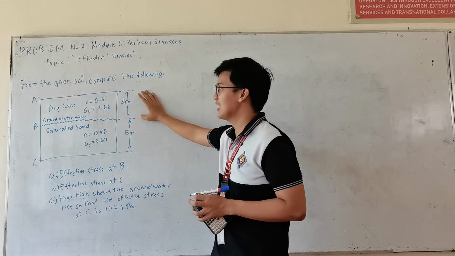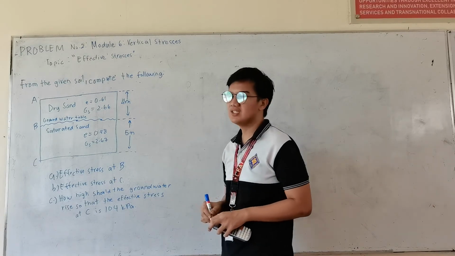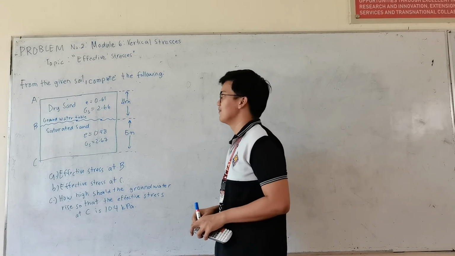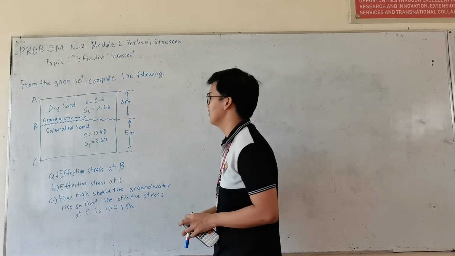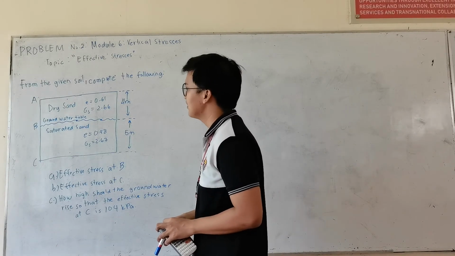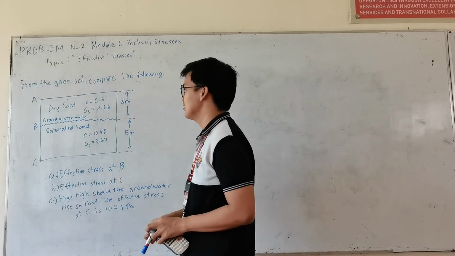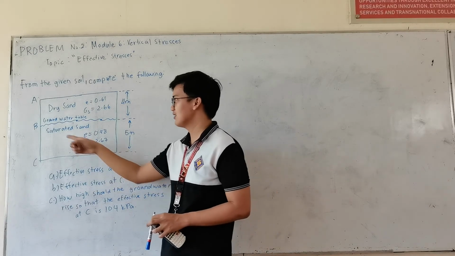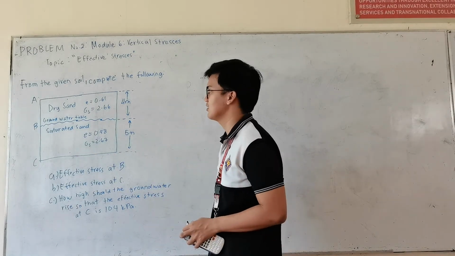Sa ating unang layer sa taas, may dry sand tayo na may void ratio na 0.61 at may specific gravity na 2.66. Meron po siyang thickness na 4 meters. Sa baba naman po is saturated sand. Naging saturated lang naman siya kasi sa taas niya mayroon tayong groundwater table or water surface.